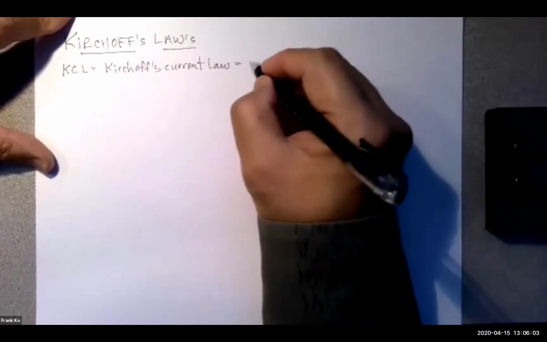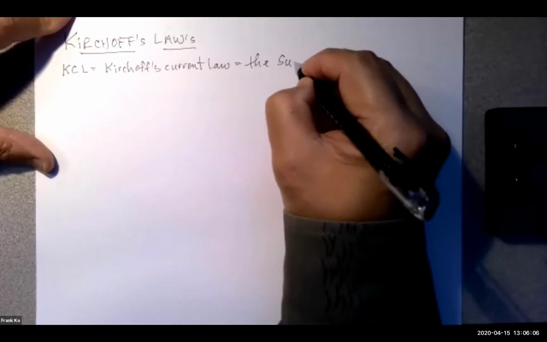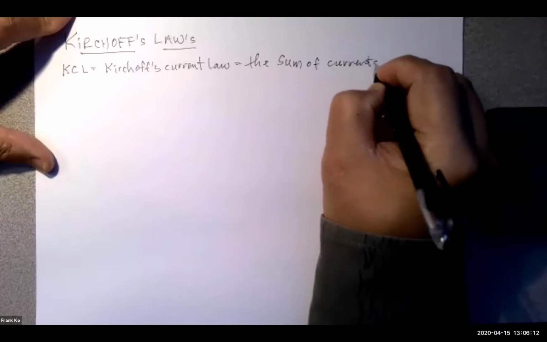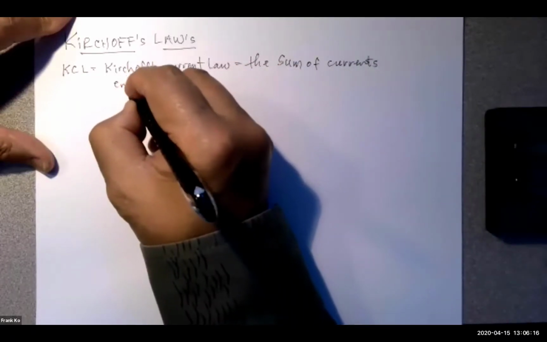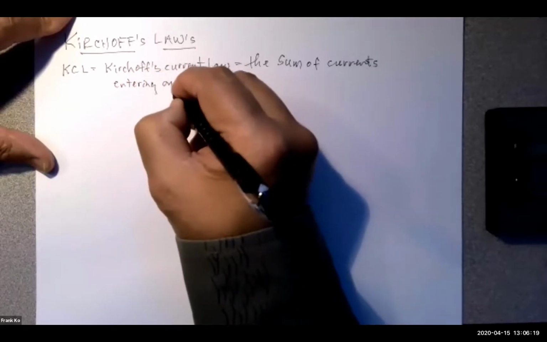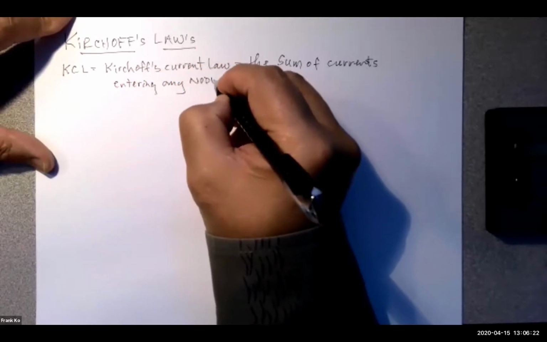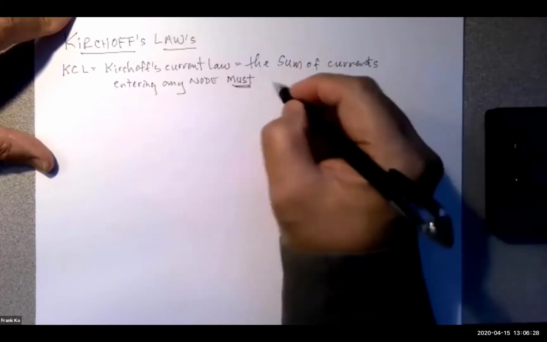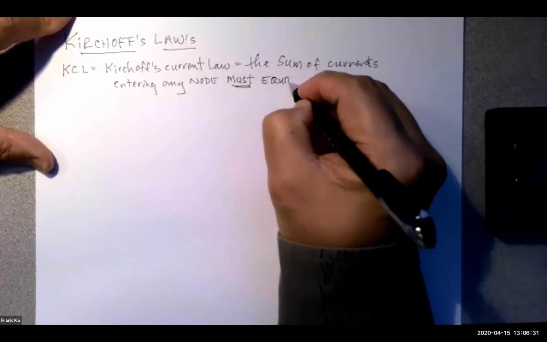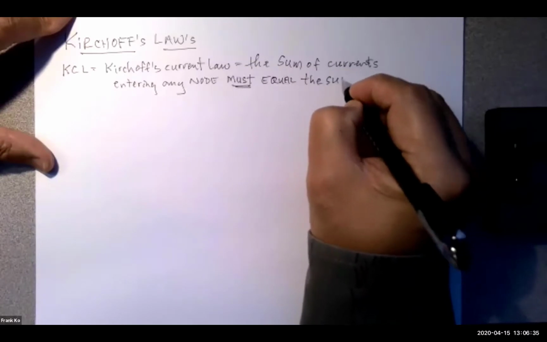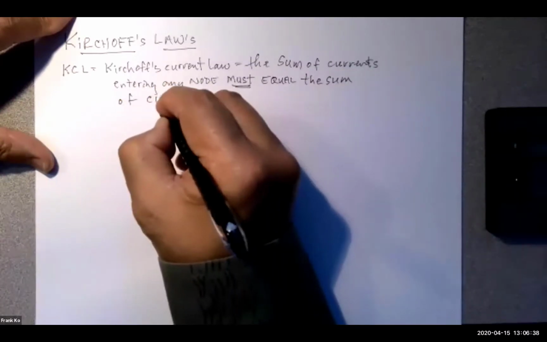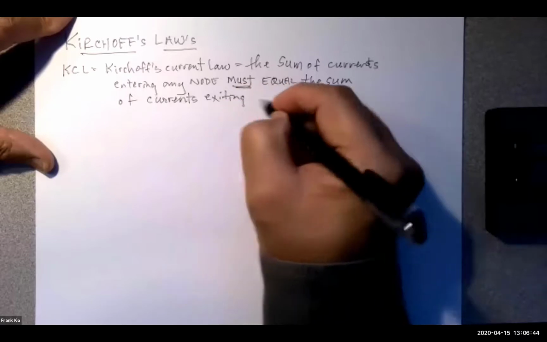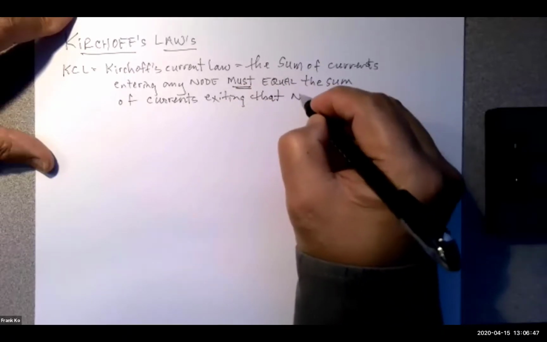And Kirchhoff's current law says the sum of currents entering any node, and this is an absolute, must equal the sum of currents exiting that node.